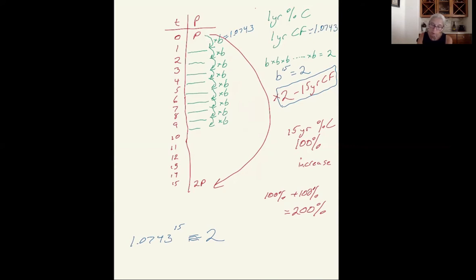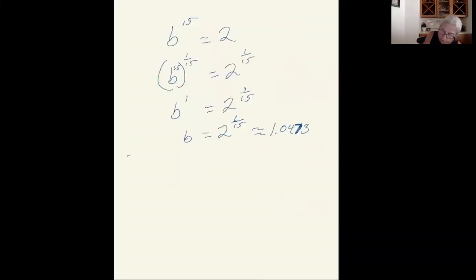Now, to go from a 1-year change factor to a 1-year percent change, you have to subtract out that original 100%, which is that 1. So let me show that over here. So I have a 1-year change factor of 1.0473.